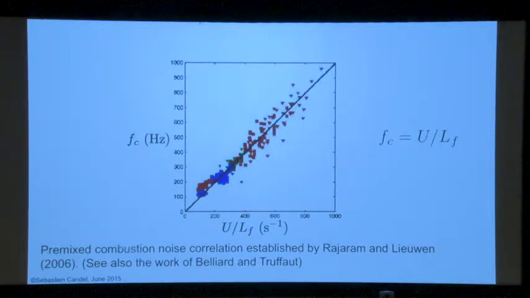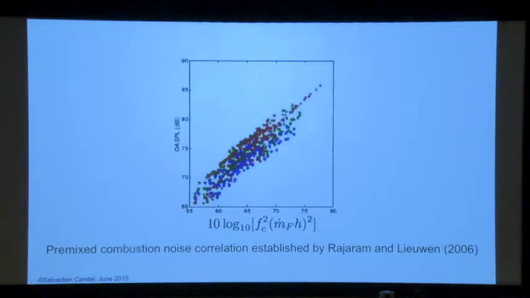You see, many experiments indicate that more or less this is well satisfied. The second one is this scaling in terms of f c squared. So you have the velocity u squared coming in here, the length of the flame here, lf squared. It scales like the mass flow rate of fuel to the power 2, and h also to the power 2.